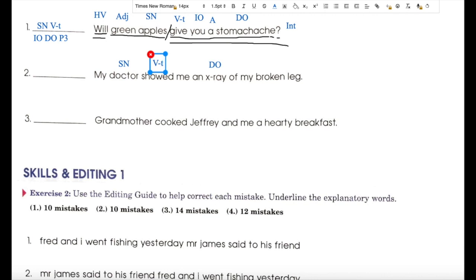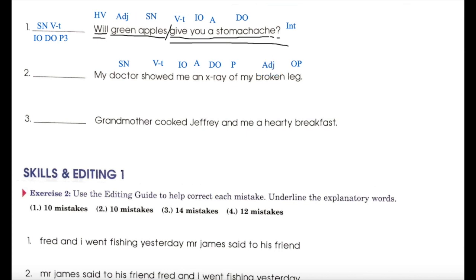Doctor showed x-ray to whom? Me. We're answering to whom, so it's an indirect object. An is always an article adjective. Of is always a preposition. Of what? Leg, object of the preposition. What kind of leg? Broken, adjective, because we're answering what kind. It's describing leg. Whose leg?